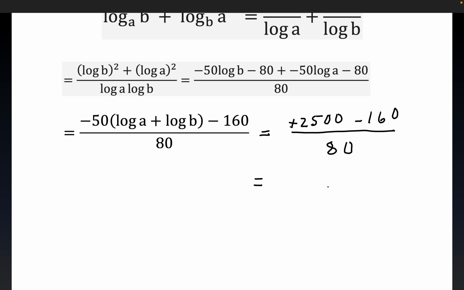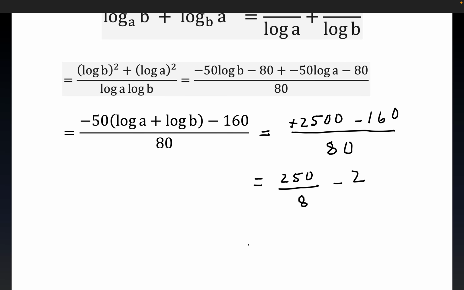Since there's no easy way here, this part would give 250, breaking it apart like this, 250 over 8, and I'm getting just minus 2.